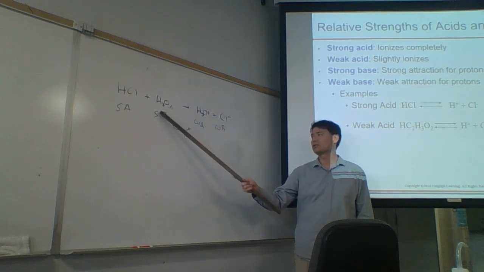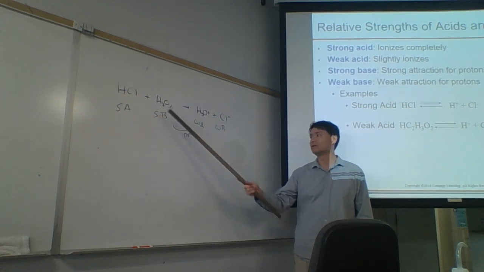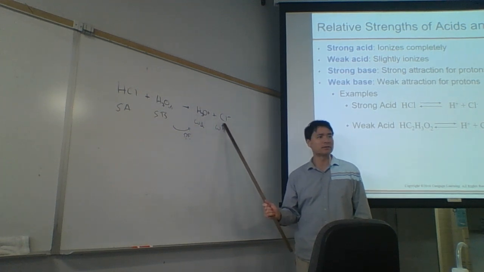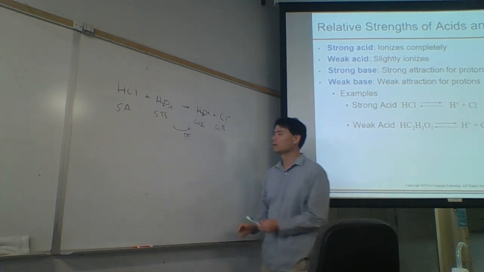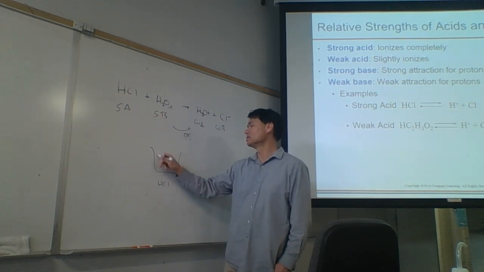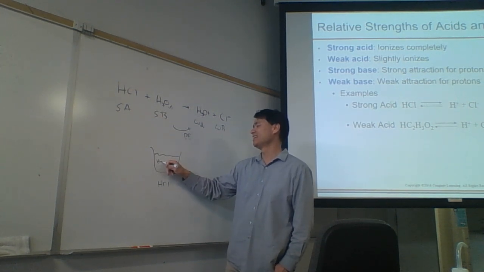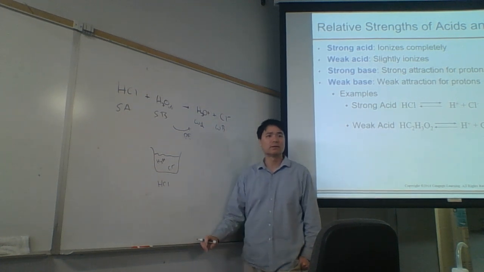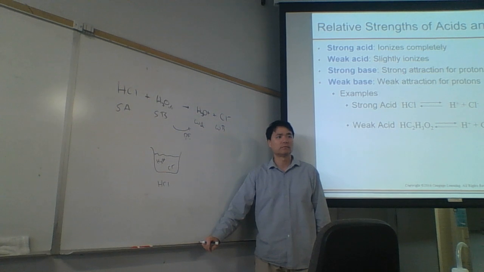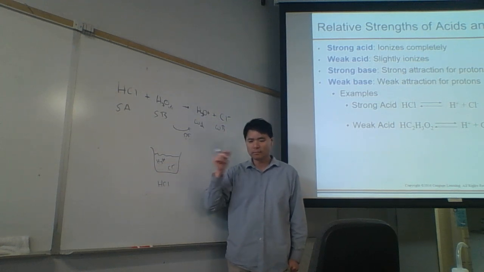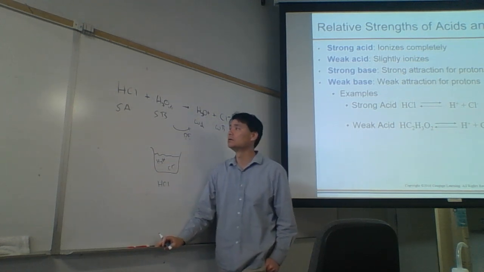In fact, this reaction we expect to go forward, and so a solution of HCl should consist of hydronium ions and chloride ions. That's what we expect to find. There's driving force for the formation of that. So strong acids produce a lot of hydronium, or H plus, in water.